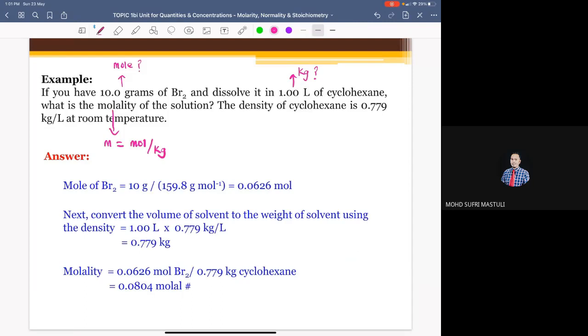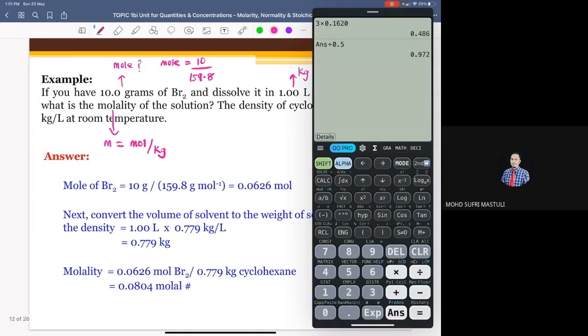So the mole of Br2 is mass 10 over the molecular mass of Br2. From the periodic table, you can get 159.8. So 10 over 159.8, obtain 0.0626 mole.